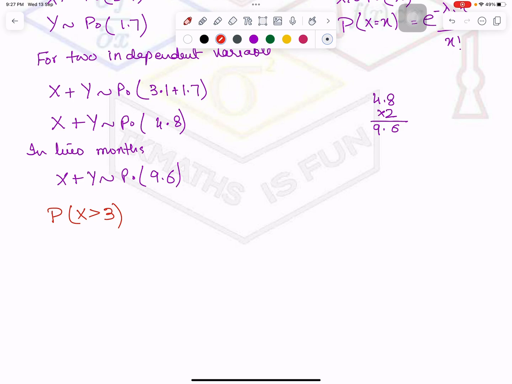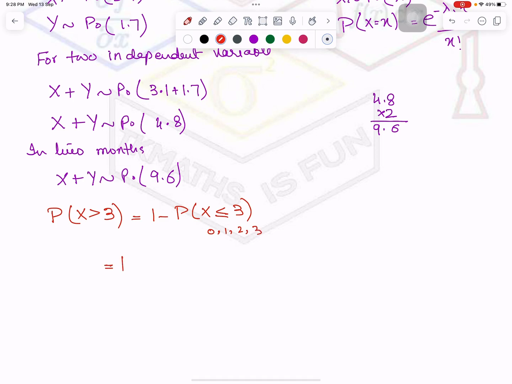So whenever we have to find the probability of greater than some value, we always do 1 minus the lower side. So it will be 1 minus the probability of X less than or equal to 3, which is equivalent to the probability of X greater than 3. Now X less than or equal to 3 means I will calculate 0, 1, 2 and 3.